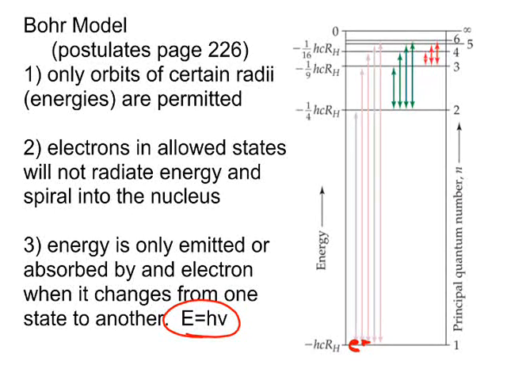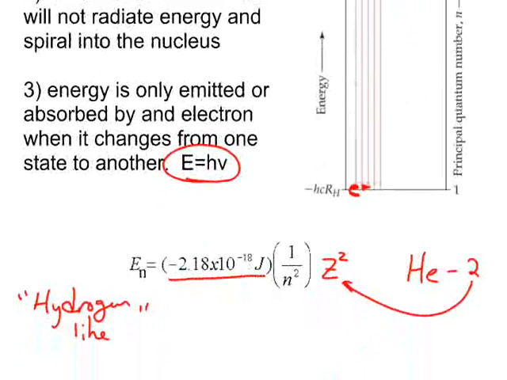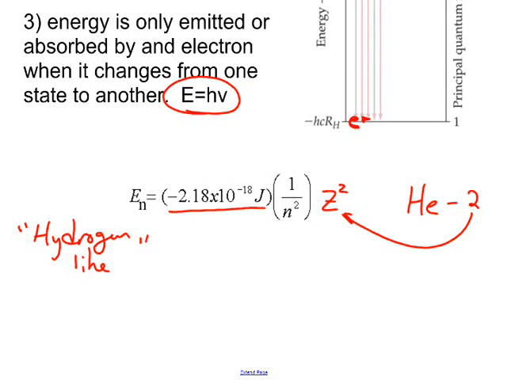Sorry about that. As you get closer to infinity, you get closer to a smaller and smaller negative value as you go up. So we'll do some calculations with this in class, so you get a chance to use this equation and calculate energy differences from one level to another.